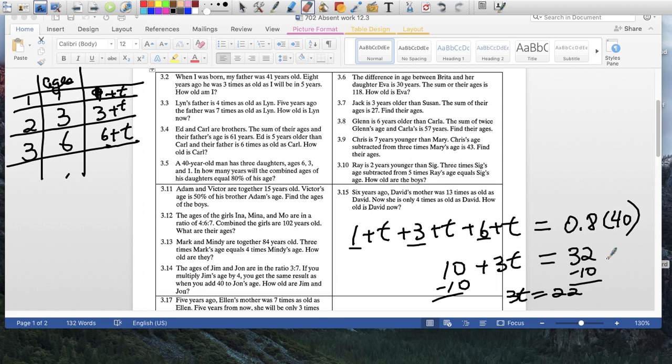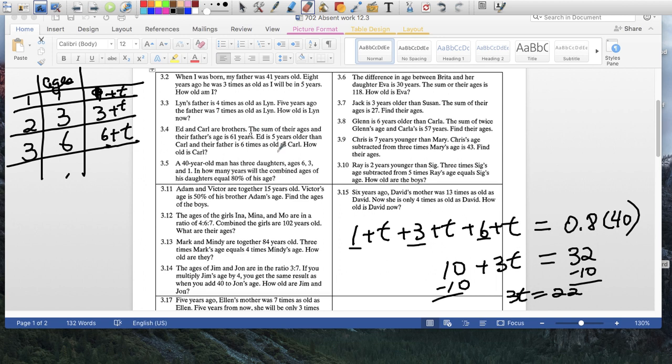Six, 3, 1, 6 plus 3 is 9, 1, 10. 3t minus 10 minus 10. 0.8 times 40 is 32. What am I doing wrong? I don't know what I'm doing wrong.